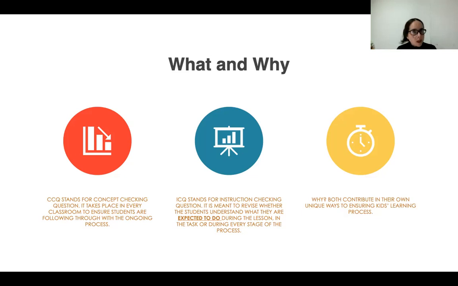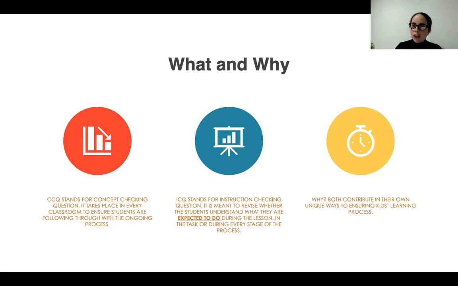And in order to do that efficiently and with a degree of satisfaction for their own learning experience, it's important to be able to come up with clear, to the point instructions that allow them clarity on what they're expected to do. And finally, why both practices in a classroom, and how they both contribute and complement each other.